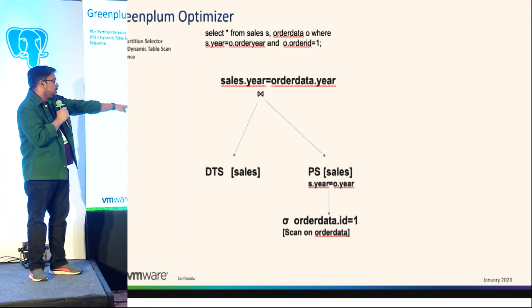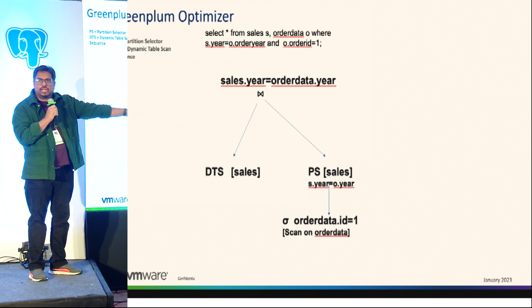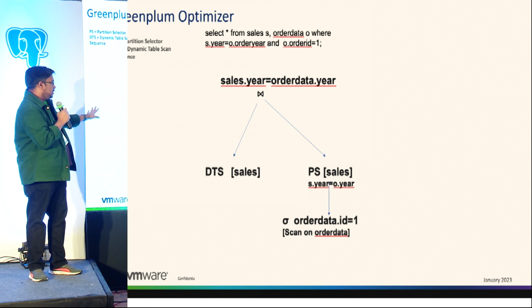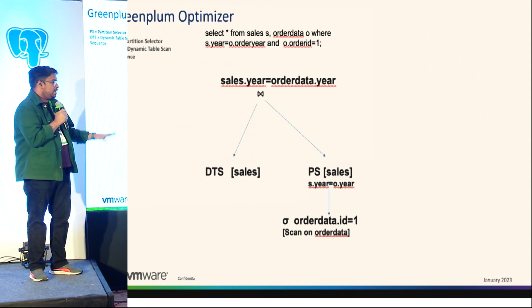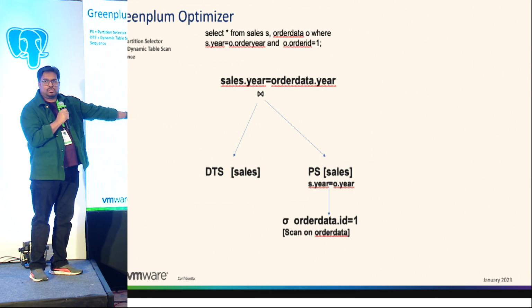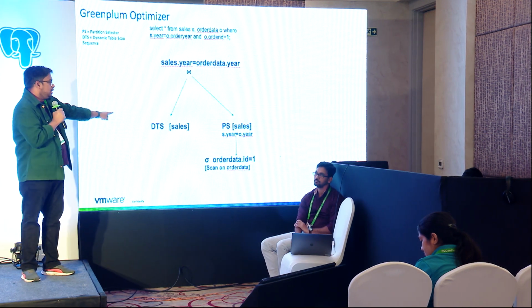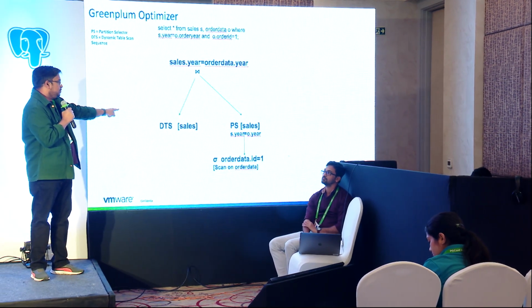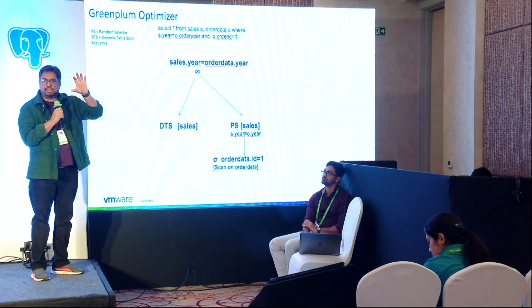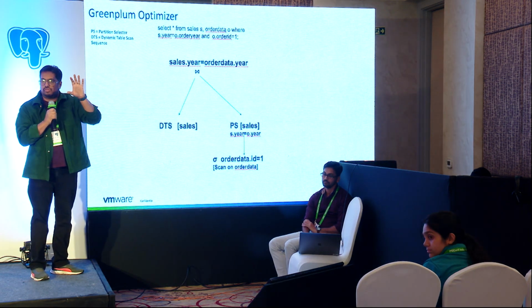After the partition selector is done, it then moves to the DTS phase, which is a table scan. Now the table scan is not a full table scan. It takes a look at your shared buffer, the hash table that it's created, and then starts to load the partitions that exist in that hash table. So it doesn't need to load all 50.